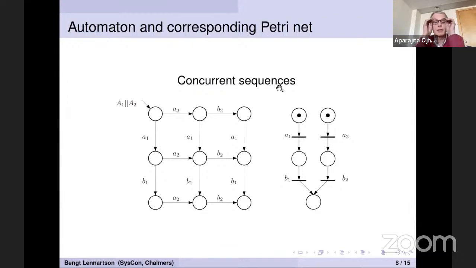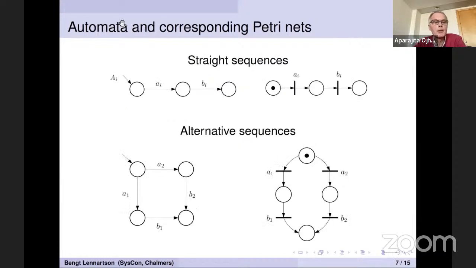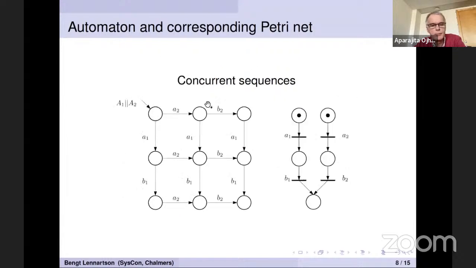Now it's interesting that if you have these two automata, A1 and A2, which we had here, say that now your i is equal to 1 and 2. So A1 means that you have the events A1, B1, and with the automaton A2, you have events A2 and B2. If you take the synchronous composition of those two automata, what do you get then?